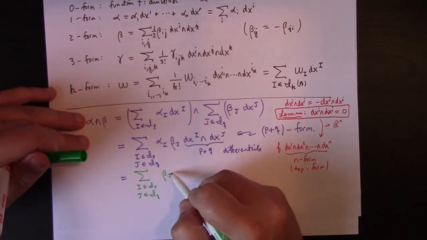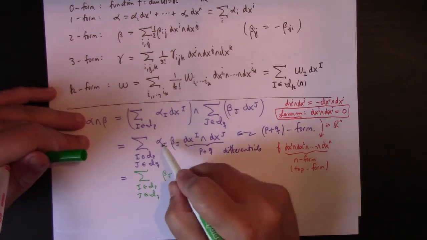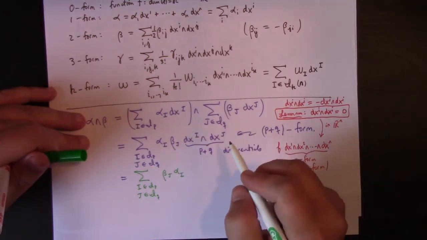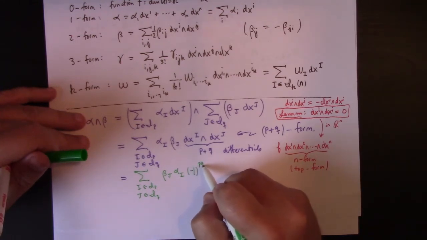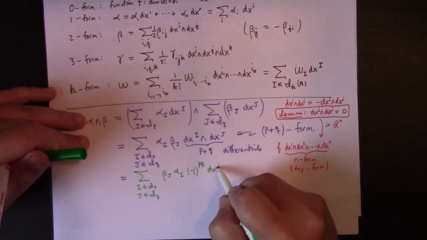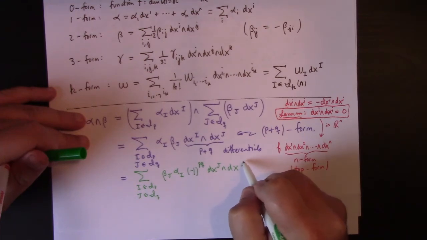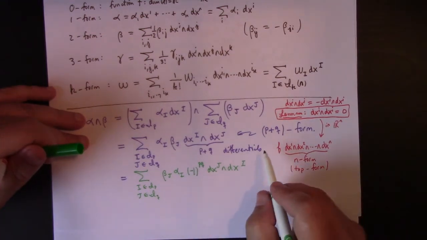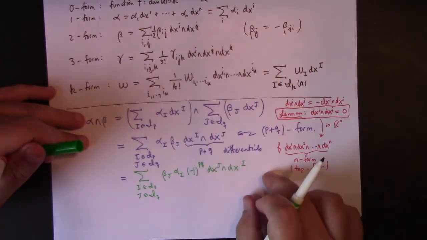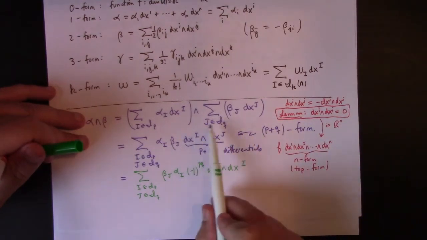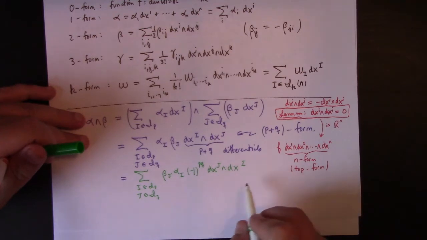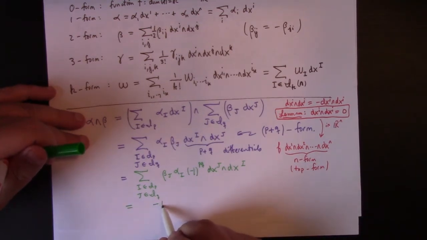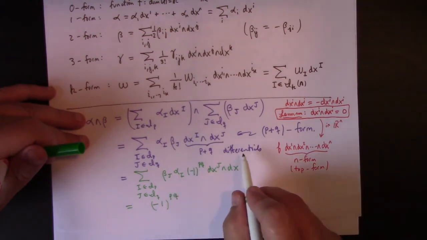Beta J alpha I, that costs nothing because these are just functions for each multi-index I and J. And we got this snazzy minus 1 to the pq factor, dxJ wedge dxI. All right, great. And then undo the wedge product, like undistribute in the same way that we distributed, and we get back to what? Well, everything's the same except we've got a minus 1 to the pq factor, and it's beta wedge alpha.